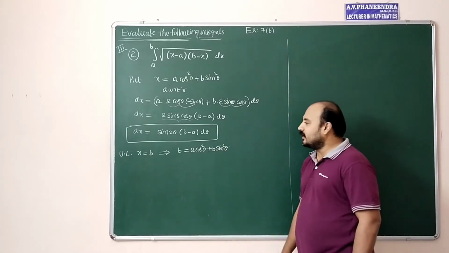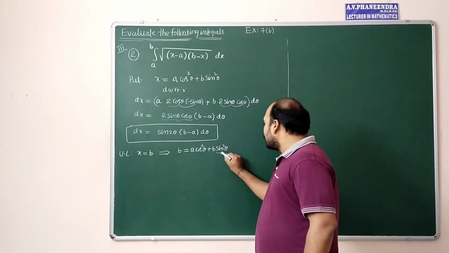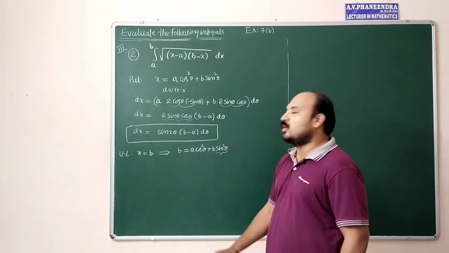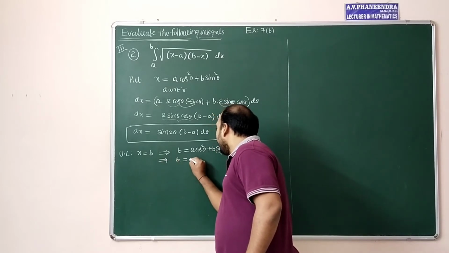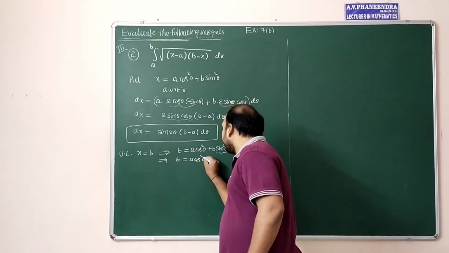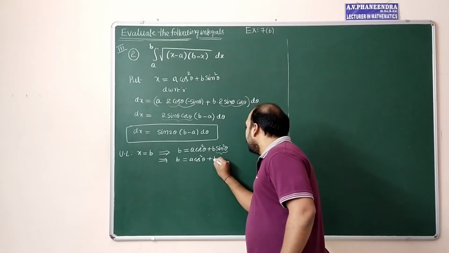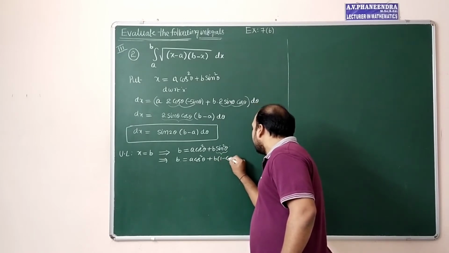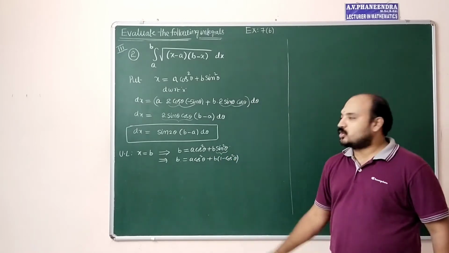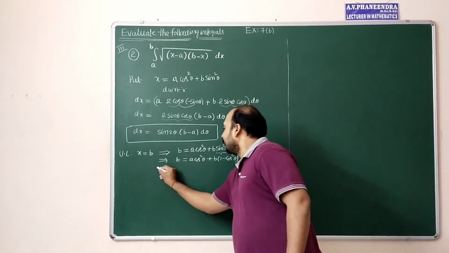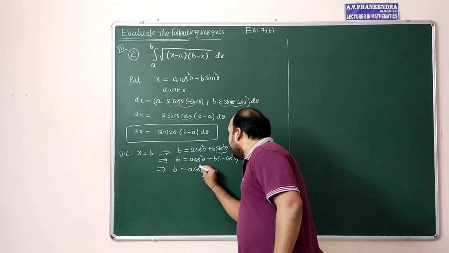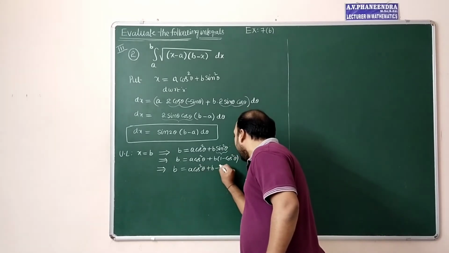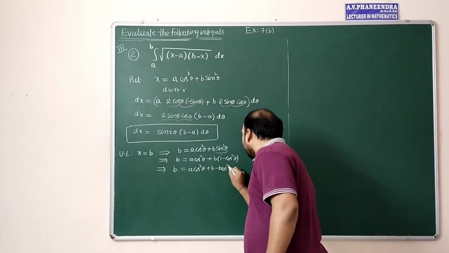Now sin square theta in terms of cos you have to write. That implies b equals a cos square theta plus b into (1 minus cos square theta). So actual multiplication here: b equals a cos square theta plus b minus b cos square theta.